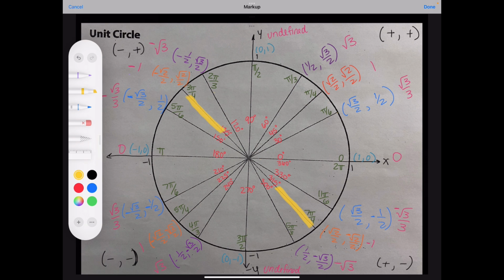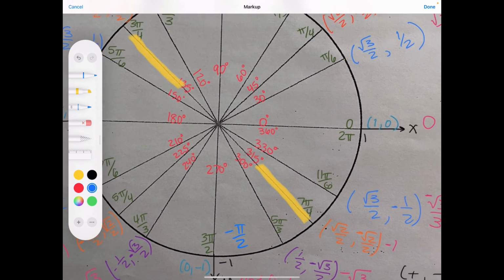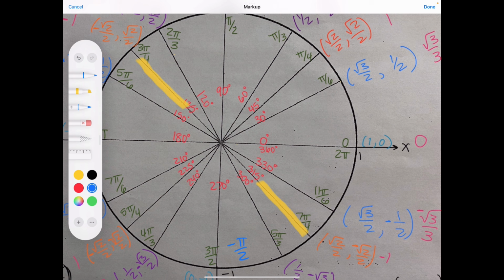So then what's really happening is that down here, I'm just gonna use blue and we're just gonna have to deal with it. Negative pi over 2 is down here. And then pi over 2 is up here at the top. So I'm only on this side. So I count by negative.